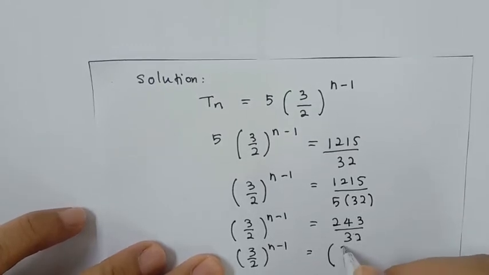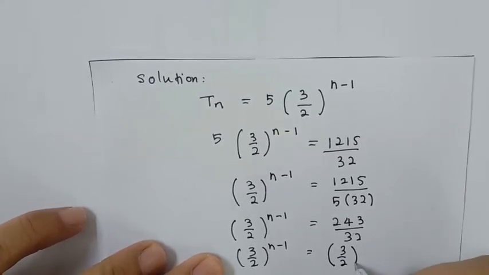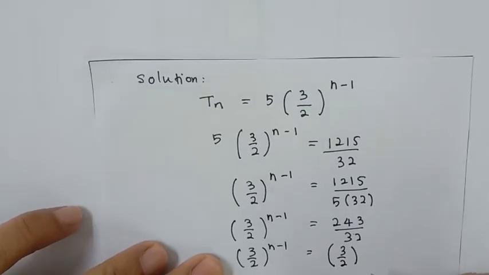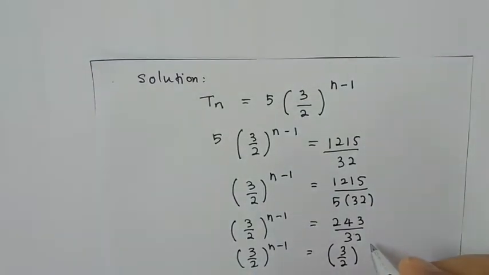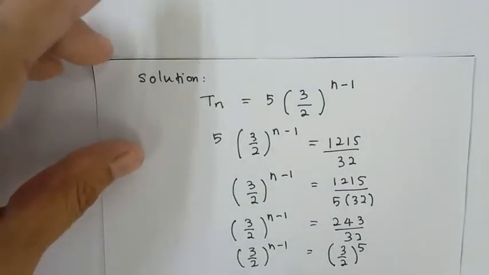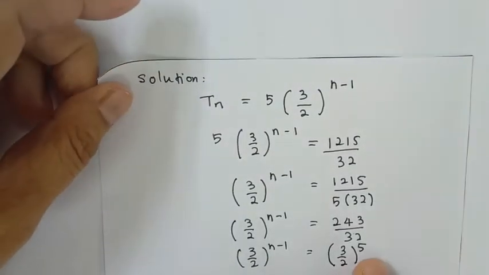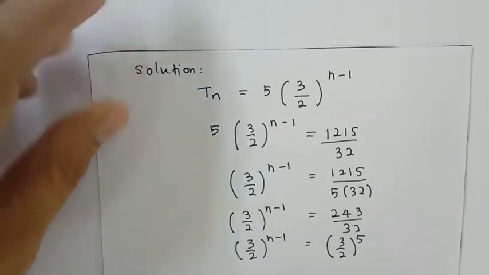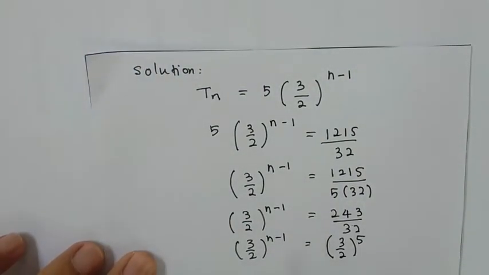So 243 over 32 is 3 over 2 to the power 5. Next, compare the index for both sides.